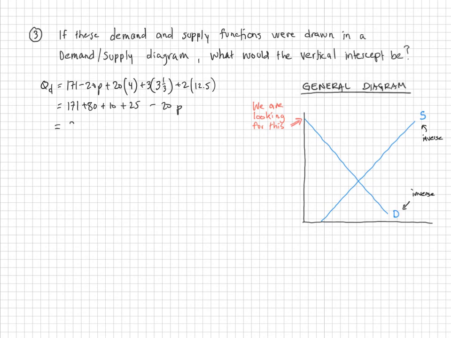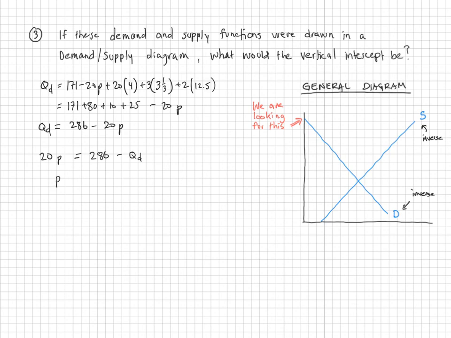So that's equal to 286 minus 20p. All right, so here we have a demand function. But to draw the diagram, we have to turn it into an inverse demand function, right? So I have to move P to the left-hand side, and therefore I get 286 minus quantity demanded.